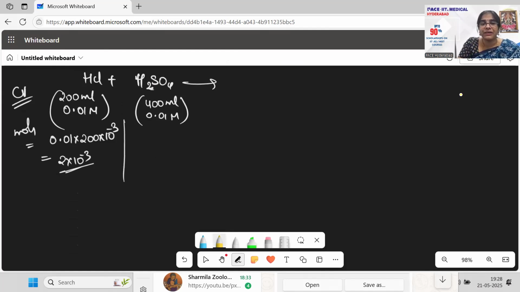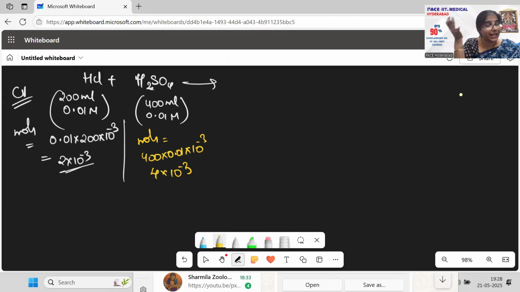Okay, then you have this one, moles, which is 400 ml, right? Moles equals to 400 into 0.01 times 10 power minus 3, which is 4 into 10 to the power minus 3.